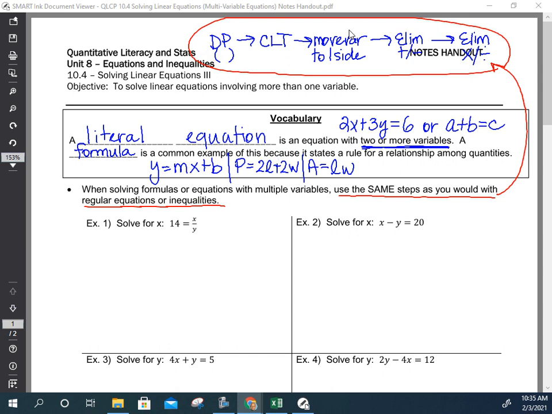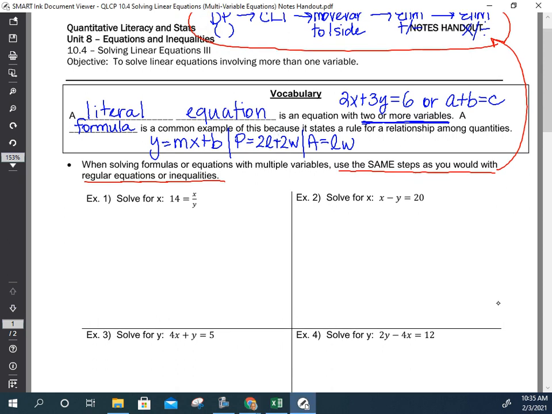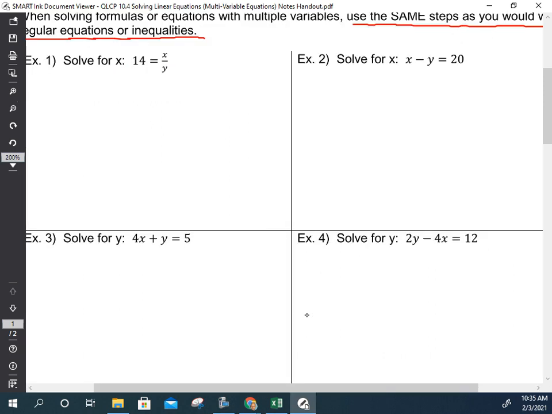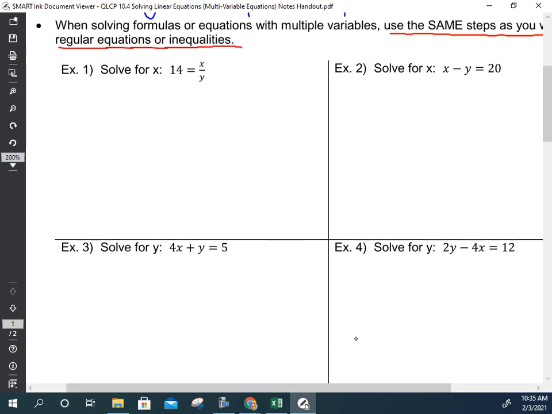So we're going to start off with baby steps and then work our way to harder and harder problems. So let's start with example 1. Notice right off the bat, they're telling you to solve for x. 14 equals x divided by y.